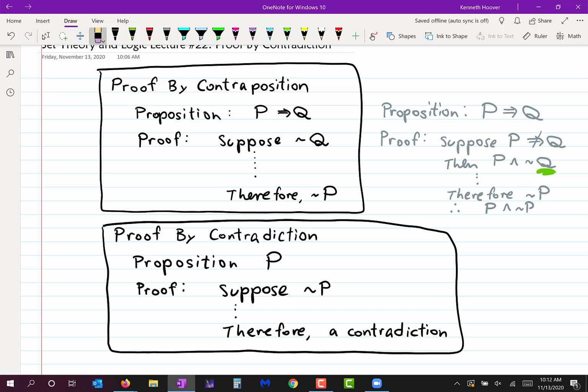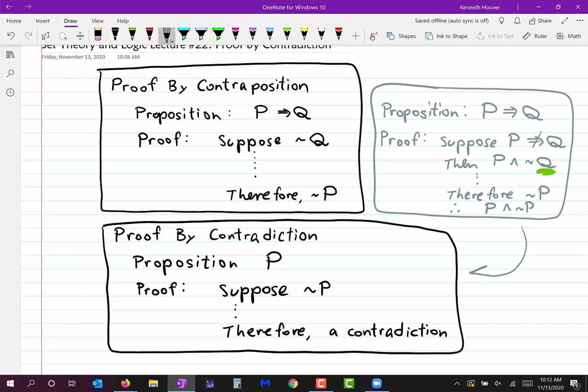So every proof by contraposition can be worded this way, and if you word it that way, then you see that it is a proof by contradiction. So what I'm trying to say is every proof by contraposition is in fact a proof by contradiction.